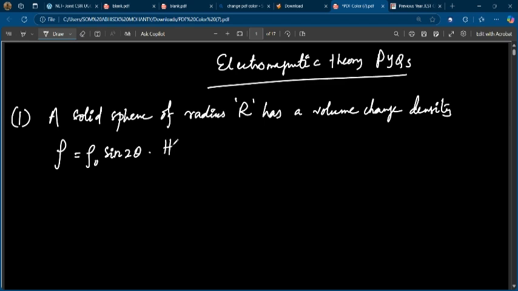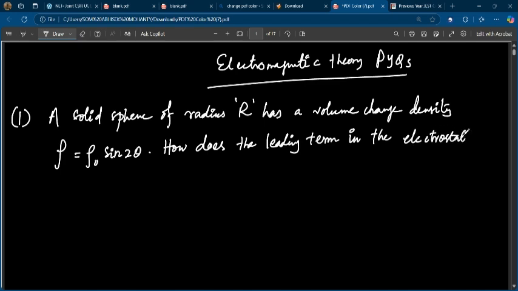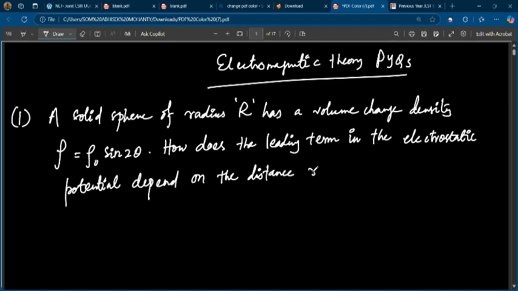How does the leading term in the electrostatic potential depend on the distance r far away from the charged sphere?